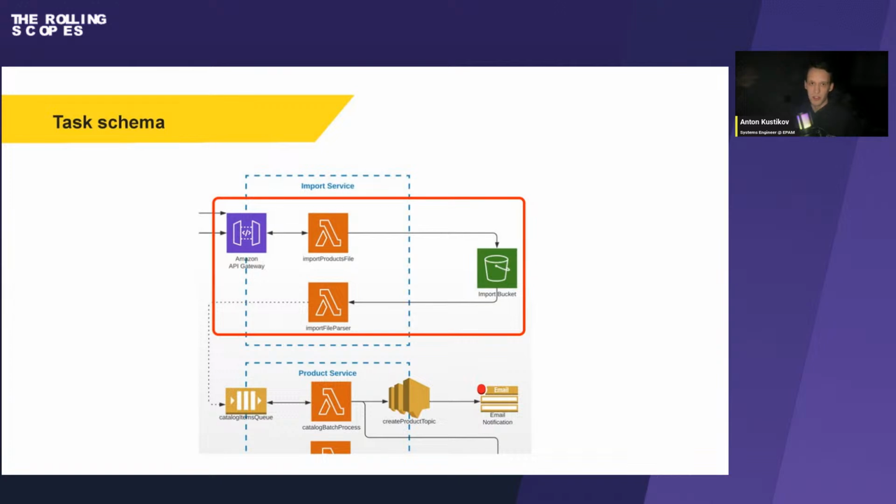We'll leverage bulk uploading. We'll upload a CSV file containing all of the necessary information about our products. In the scope of this task, we will just upload the file, and then parse it with a Lambda function. It will be necessary for the upcoming tasks.